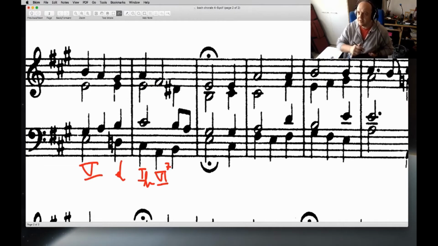That's the 7th of F sharp minor, which behaves as expected. It goes to that note, which is the 3rd of B7. So this is 2 chromatic with a passing 7 there. And this is 5 again.